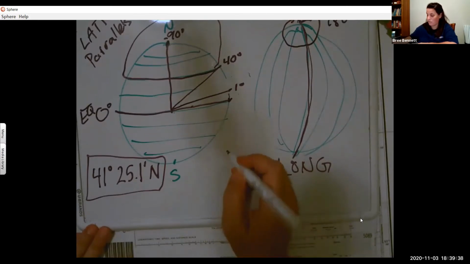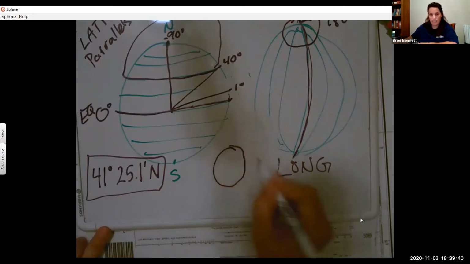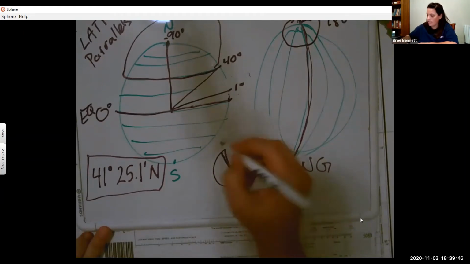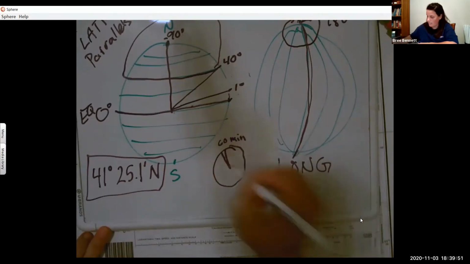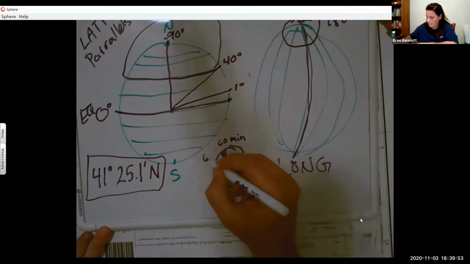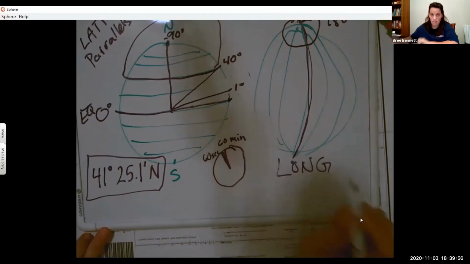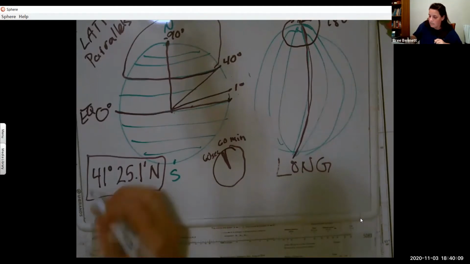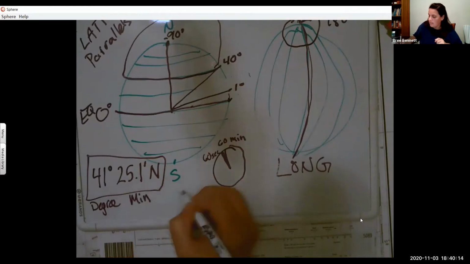geometry, when we're talking about circles, we have 360 degrees in a circle. In each degree, we have 60 minutes. And in each minute, we have 60 seconds. So that has nothing to do with time. It's talking about the amount of arc of a circle when we have degrees, minutes, and seconds.